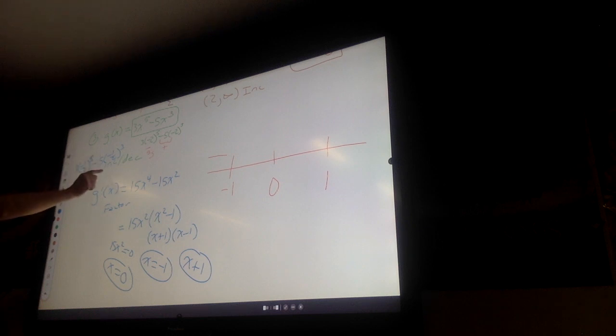This will give me a positive answer. Which of these two answers is bigger? Is 3 times negative 1/2 to the 5th a bigger negative number than negative 5 times a negative number? Negative half cubed is negative 1/8, so this gives me positive 5/8. This gives me negative 3/32. Which number is bigger?